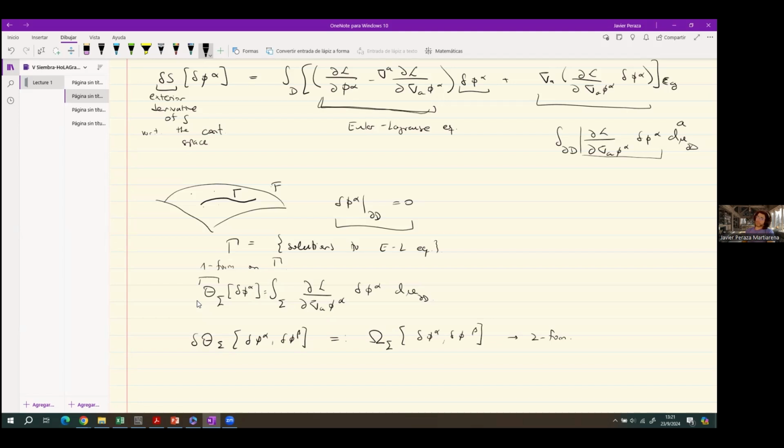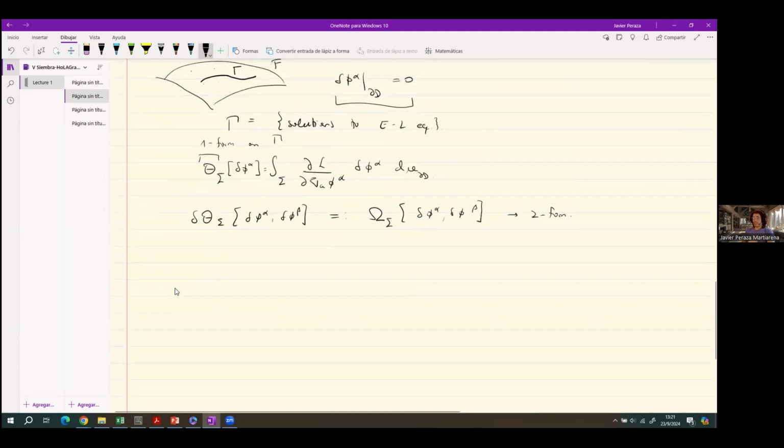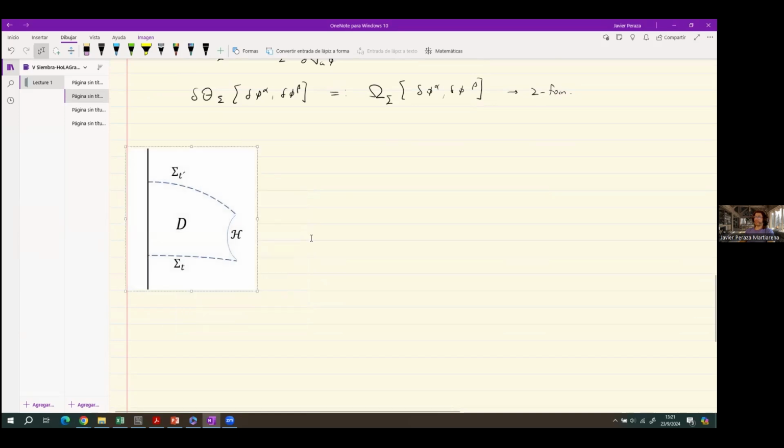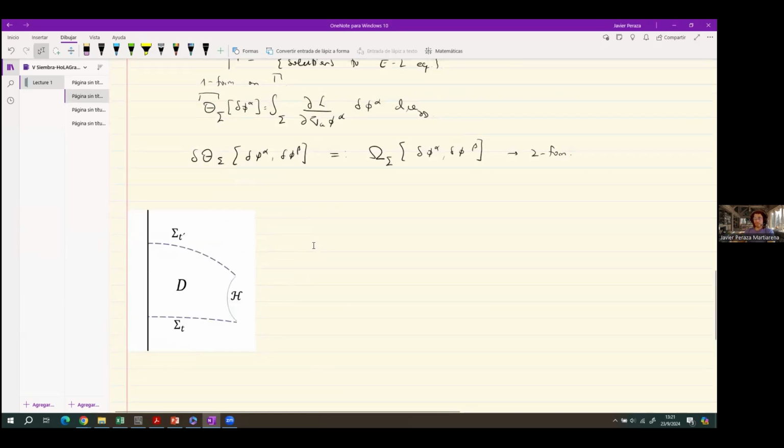Now, we want to say things with a little bit more substance. Okay, so let us consider now the case. I think that I can draw it almost immediately because I have it somewhere here. Okay, so let us consider the case where we have the domain D. So following the question by the student, let's just consider a domain D, which is well inside Minkowski.